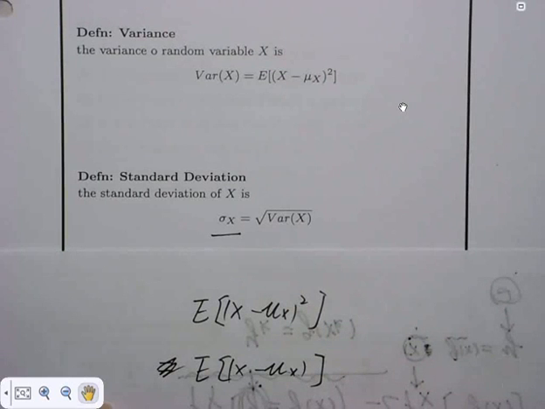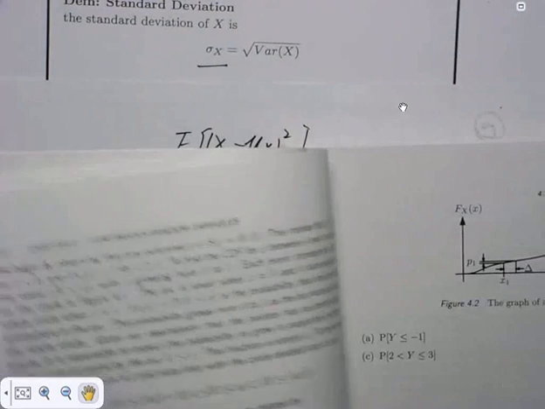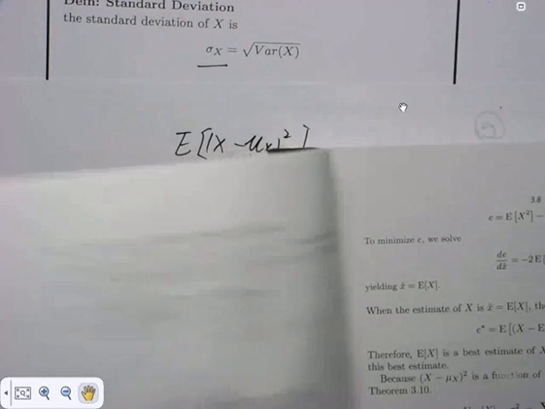E of x minus mu x squared is much different. Maybe do a small example using the definition of variance to show them why one will be 0 and the other is not. They're confused. They think they can just square that in the formula and you get 0 squared. That's not right.